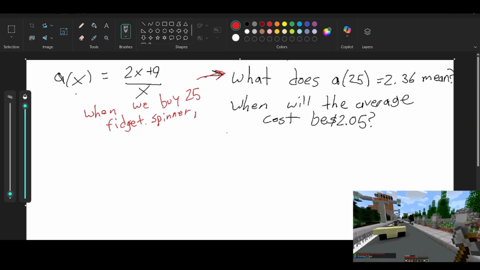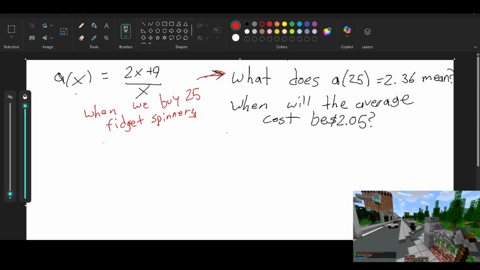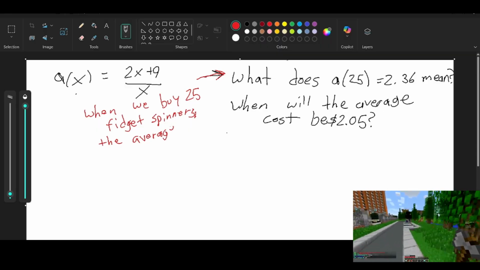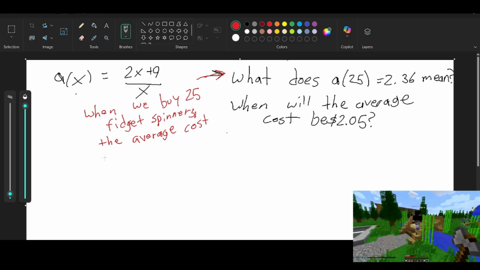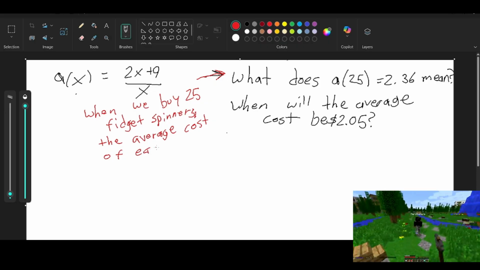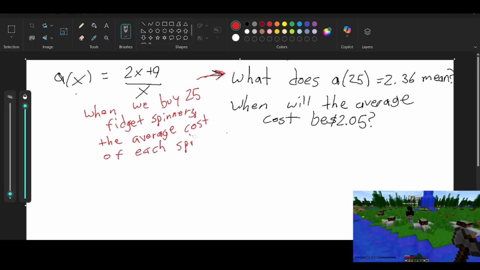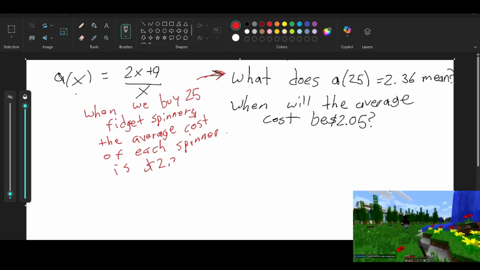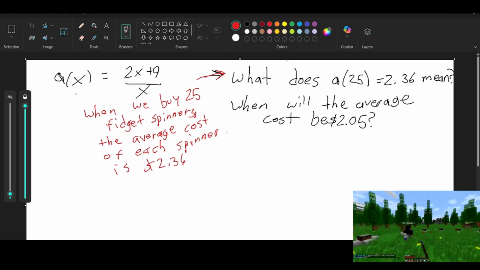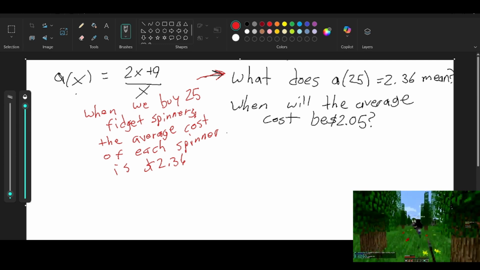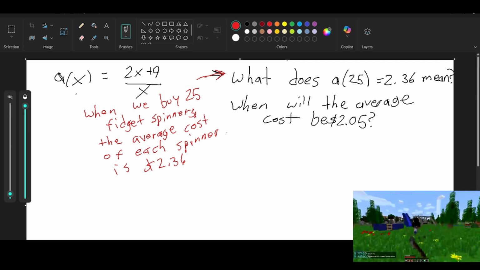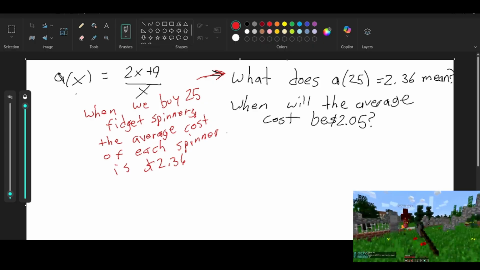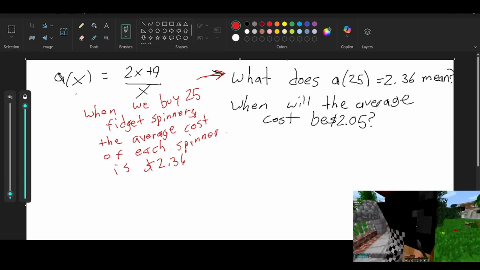When we buy 25 fidget spinners, the average cost of each spinner is $2.36. Right? Any output that we get from a of x is the cost. Any x value that we're changing is the amount of fidget spinners that we're purchasing.